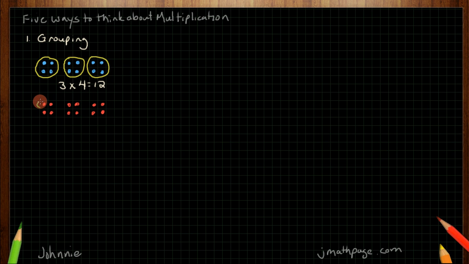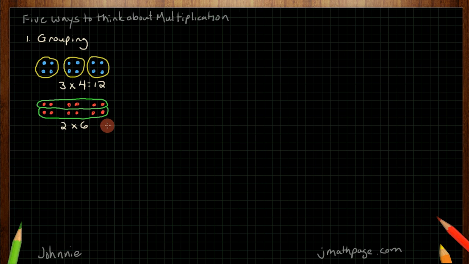Let's see, I can make a group here, and I can make a group here. So what do I have now? This time I have 2 groups, and in each group I have 1, 2, 3, 4, 5, 6. So I have 2 groups of 6.